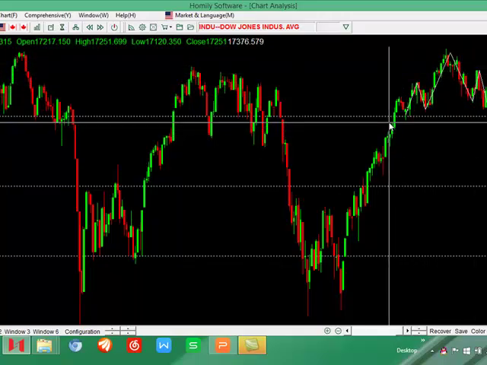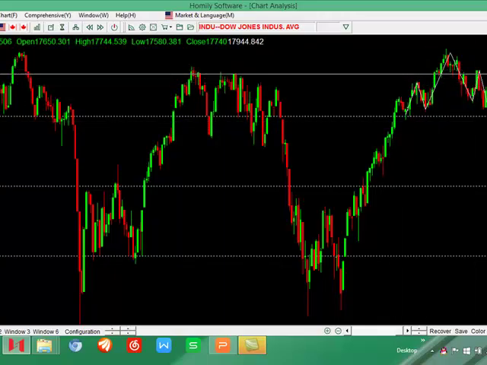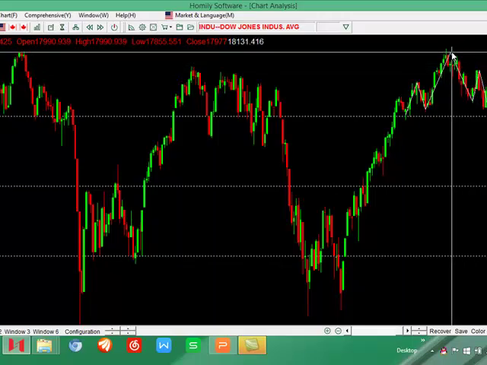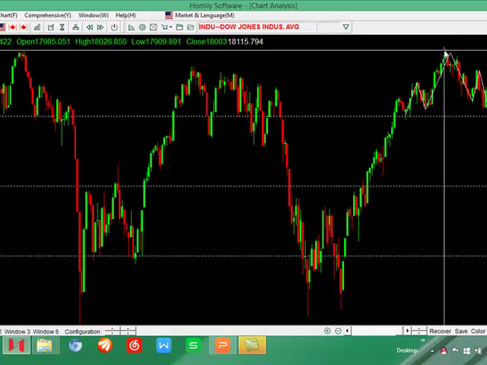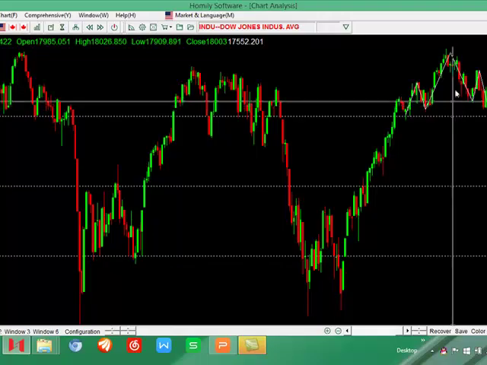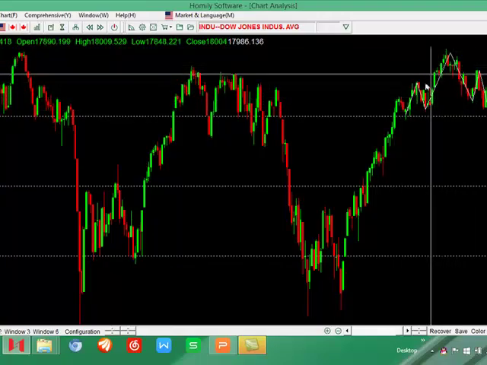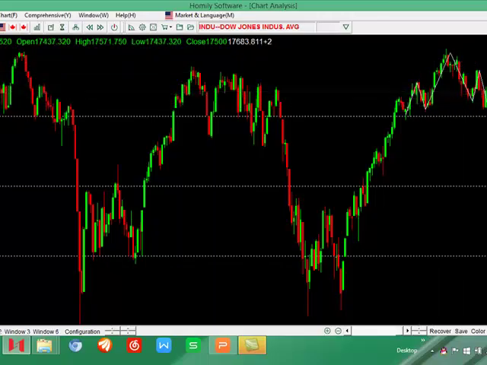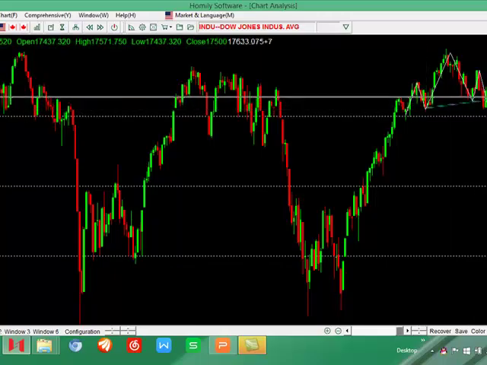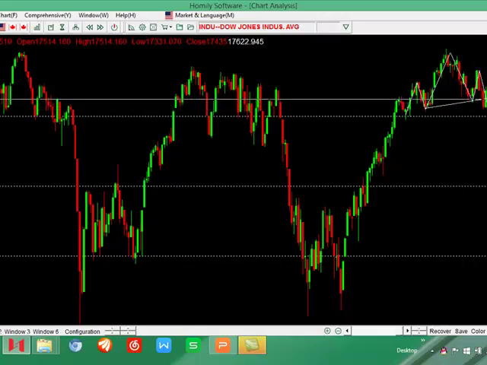That pattern means that if the right shoulder doesn't create a higher point than the head, it creates a short-term peak of the stock or the index here, and the neckline connects the two lower points here.